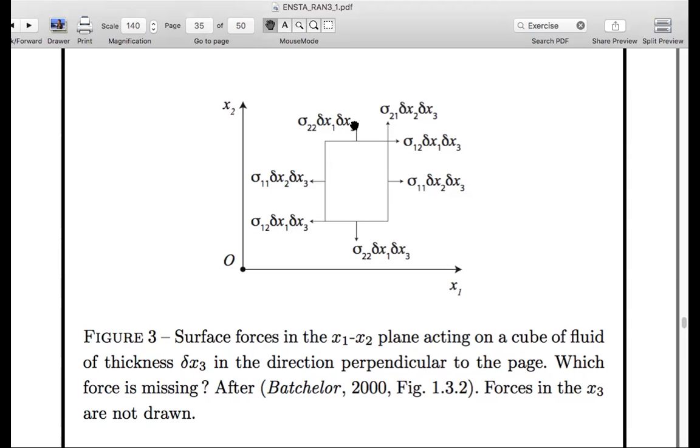Okay, so that's going to be useful now if I go down here, because now I want to talk about the force on this surface. But see, I have this funny thing where the normal is pointing in the minus x2 direction.